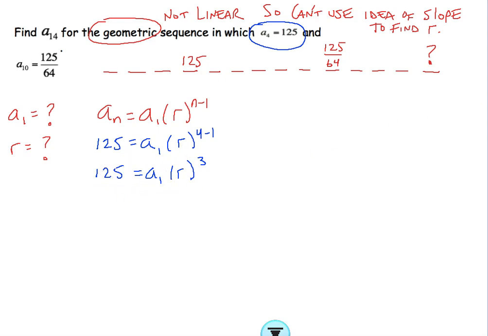Well, maybe I will then take this other point and use that same kind of idea. When I plug a 10 in, I get out 125 over 64. So that's my answer when I plug in a 10 for n.